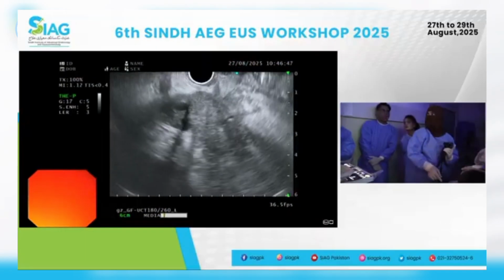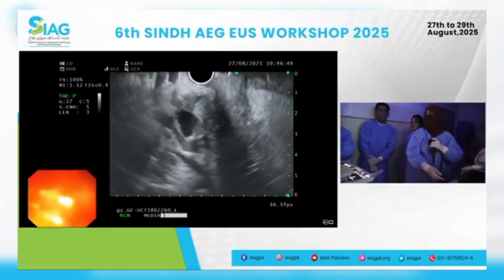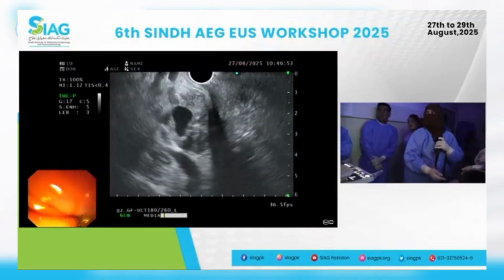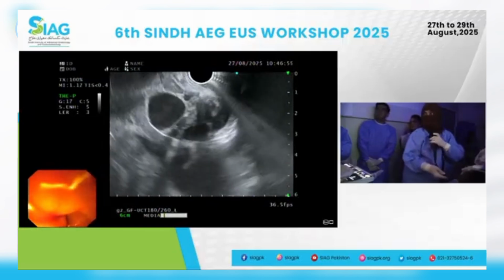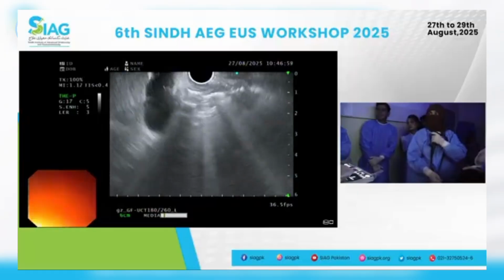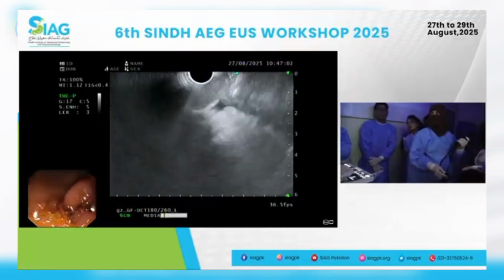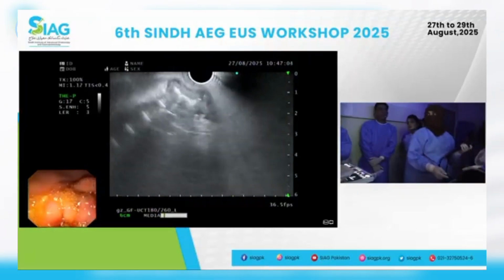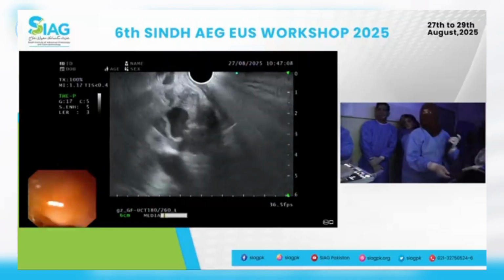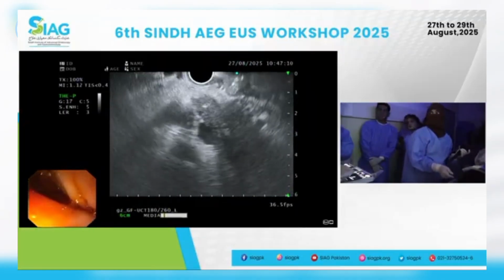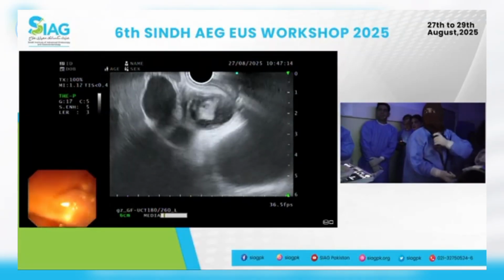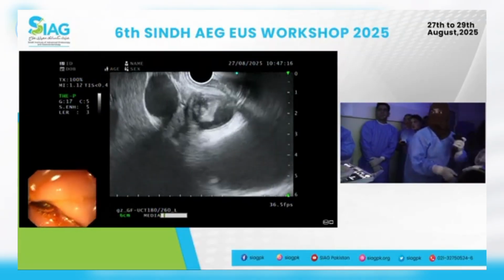So why don't you see if you can go to the D2 and then we'll start taking the scope out. How much time do we have? Okay. That's okay. Then you push. Tip up, tip up.